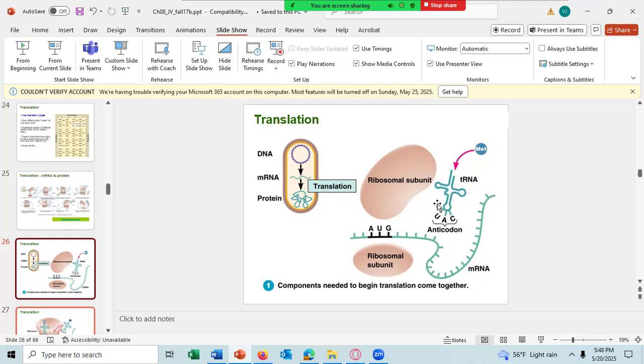And then the tRNA will bring the correct amino acid. So this anticodon always codes for the amino acid methionine. And the tRNA will read the codons of the messenger RNA, bringing in the correct amino acid. And these are the components needed for protein translation.